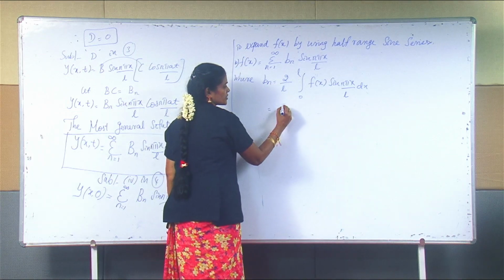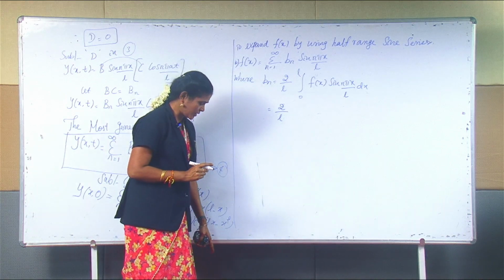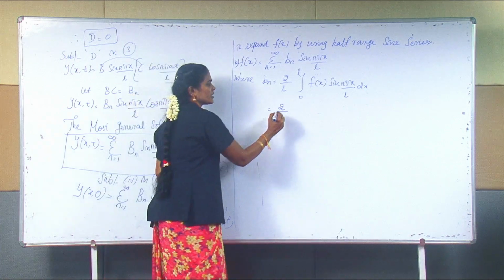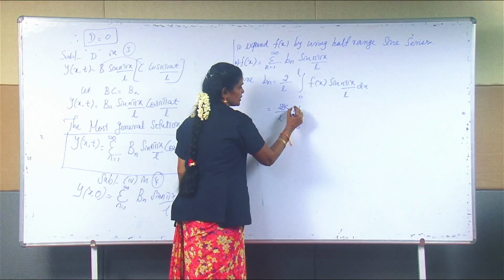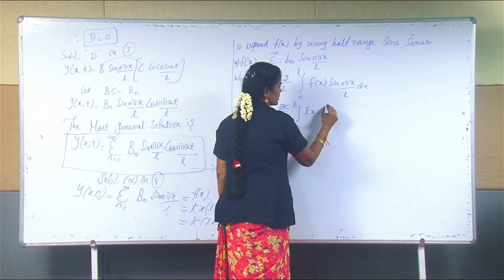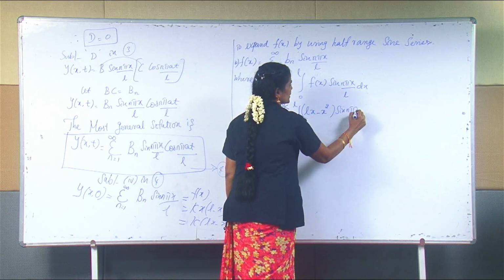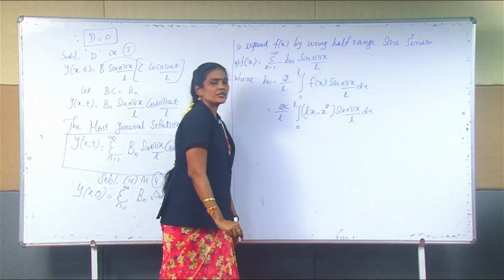Here f of x value is k into x into L minus x. k is the constant term, we can take k outside: 2k by L integral 0 to L, Lx minus x square into sin n pi x by L into dx. Next you have to integrate this function.